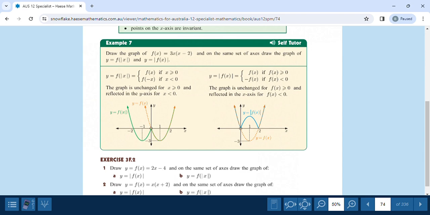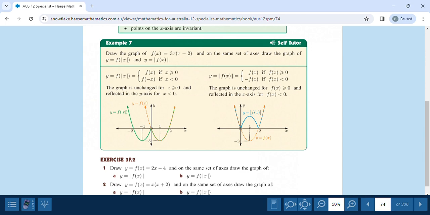So for any negative x value that we have, we're going to get the y value that we've actually got on the right hand side of the y-axis. So it's going to be a mirror of that graph in the y-axis.